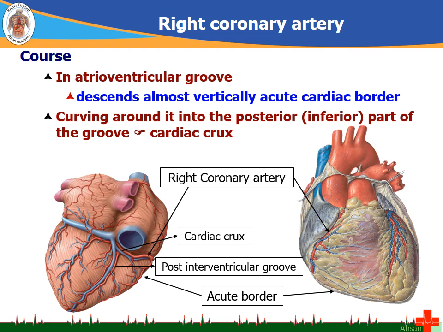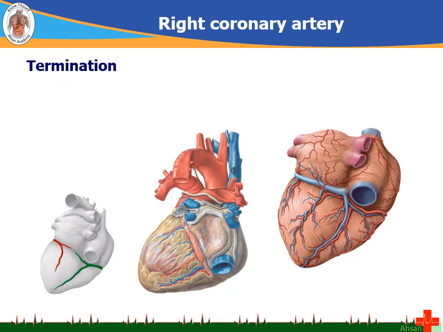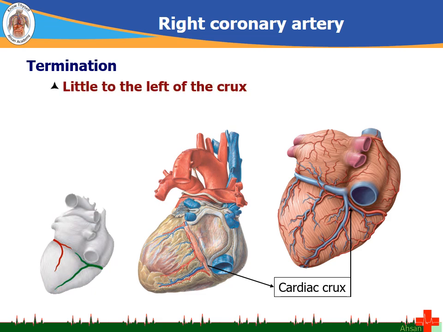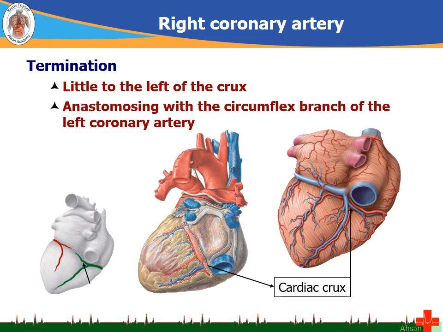It gives up there one branch. It is the artery to the posterior interventricular groove. The right coronary artery continues in the atrioventricular groove, crosses the crux, and a little to the left of the crux it anastomoses with the branch of the left coronary artery.